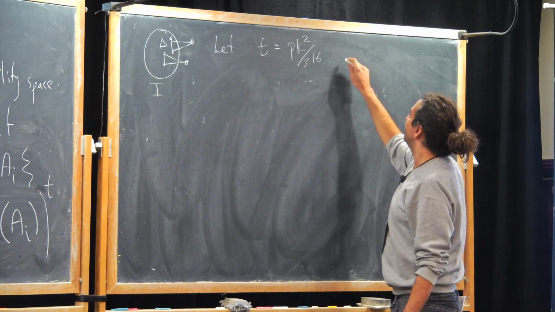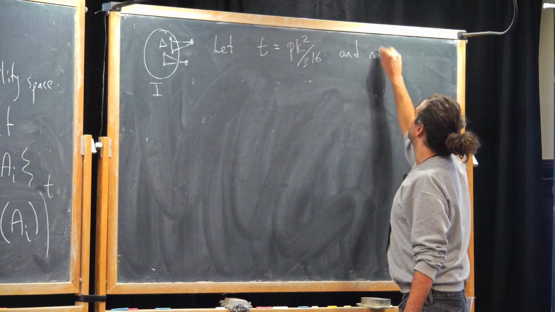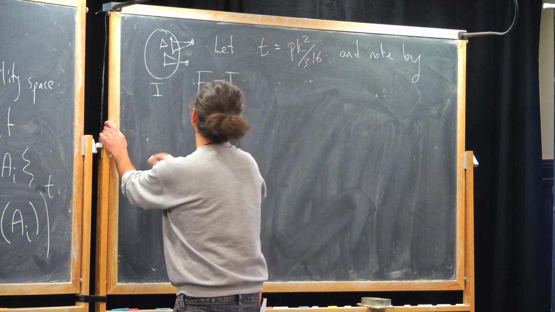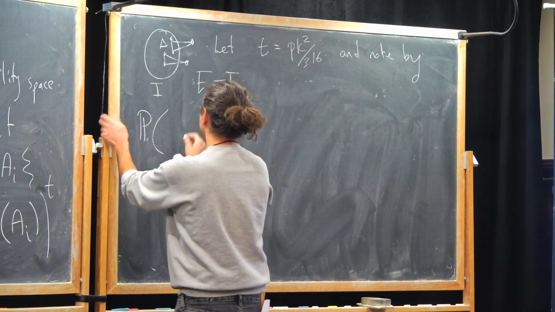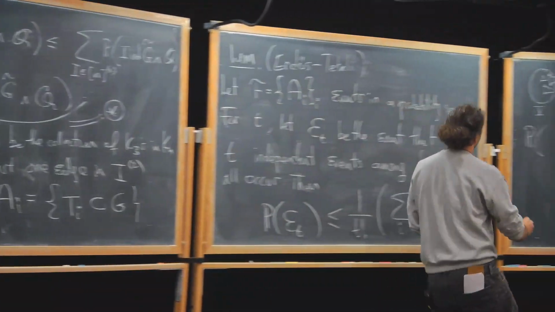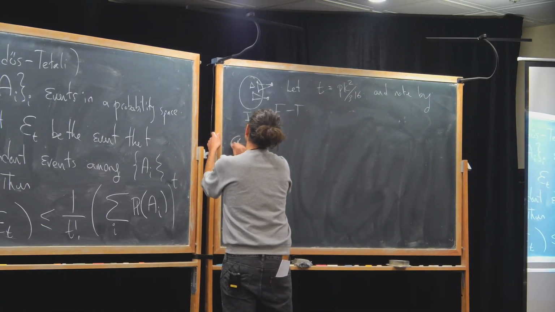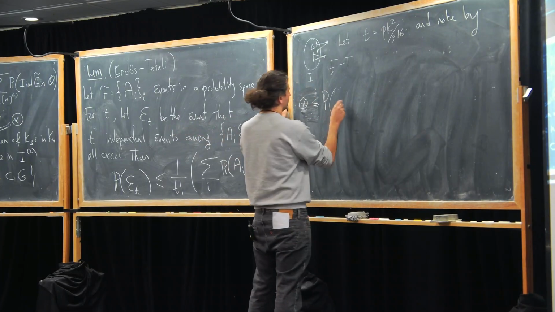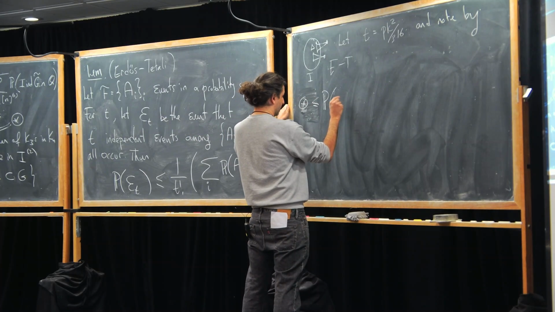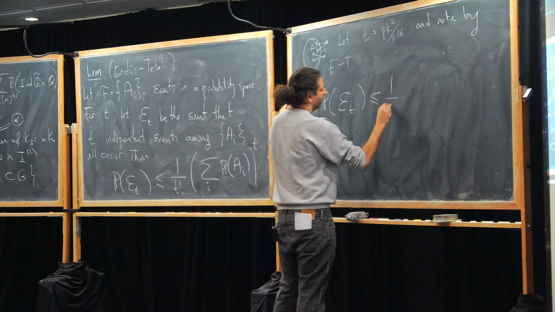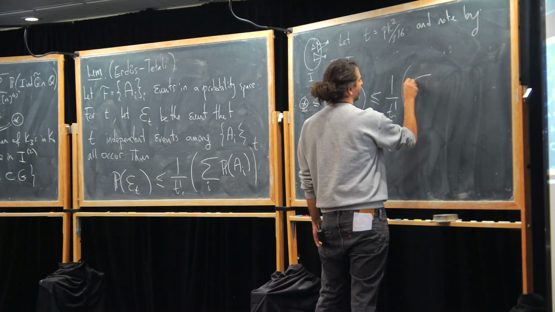And note by this lovely Erdős-Teteli lemma that the event that we're interested in, let's call this star, is at most the probability that E of t holds, which is at most 1 over t factorial times this business.